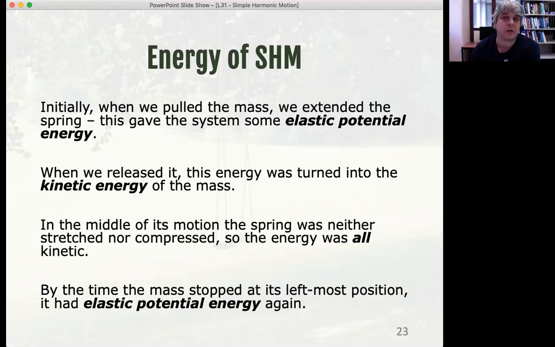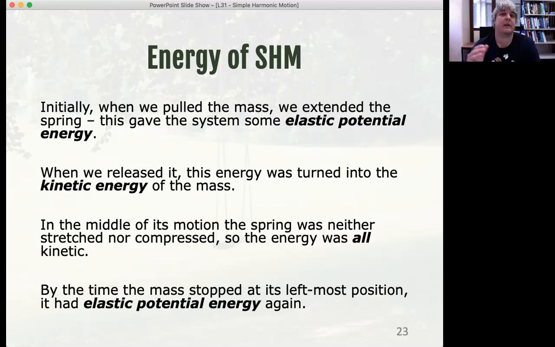Remember, we're ignoring friction, we're assuming it's frictionless, so there's no loss of energy. So we've got elastic potential energy all being turned into kinetic energy, and then the kinetic energy, as it continues going, all gets converted back into elastic potential energy by the time it hits that leftmost position. It's now got no kinetic energy for a moment, but it's got full elastic potential energy, and the same thing happens again, it converts back.